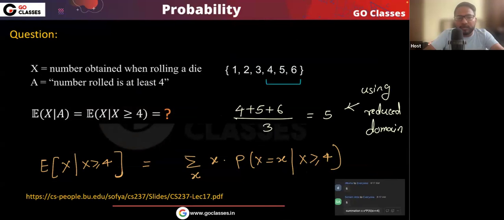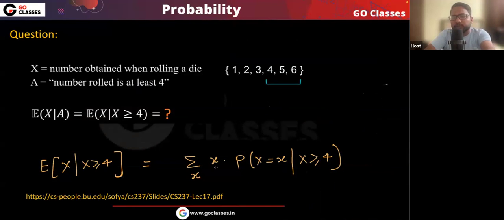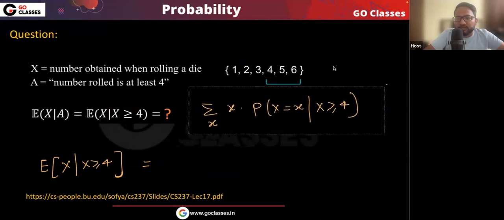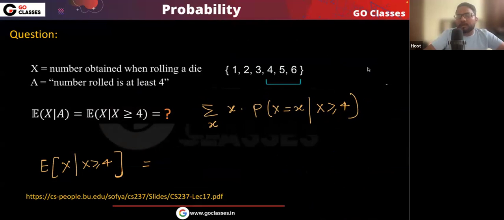Okay, let's just try solving this question using the formula also. What are the possible values of X? The possible values of X are basically 1 to 6. So it will be 1 into the probability of X being 1, given that X is greater than or equal to 4.